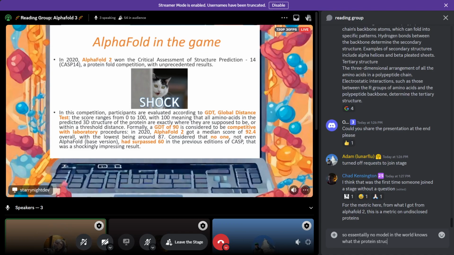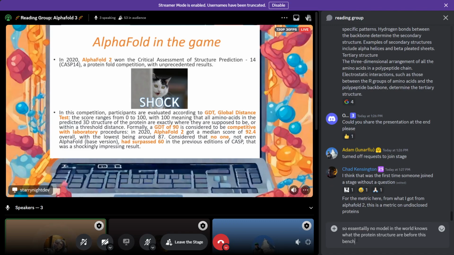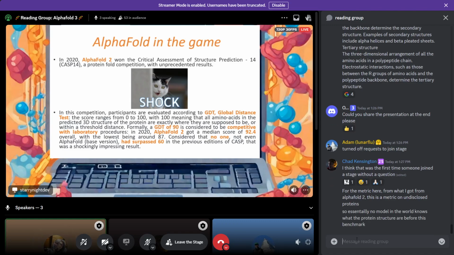So AlphaFold scored a neat 92.4, which was shocking because no one had surpassed a score of 60 in any previous edition of CASP. Even the base version, AlphaFold 1 or 0, if you want to call it that, did not surpass 60.